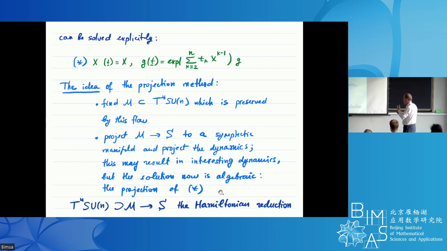That's the main idea: take the simple flow on some standard symplectic manifold and then do the Hamiltonian reduction. The equations become nonlinear, but still using this formula for the Hamiltonian reduction, you can obtain solutions by a completely different set of tools, by algebraic geometric tools.